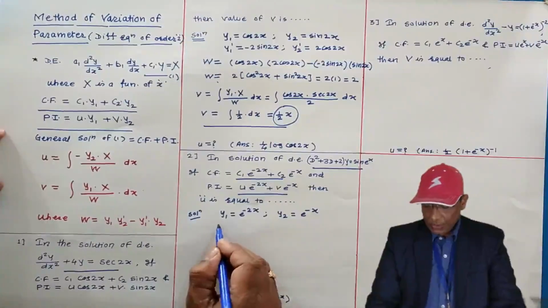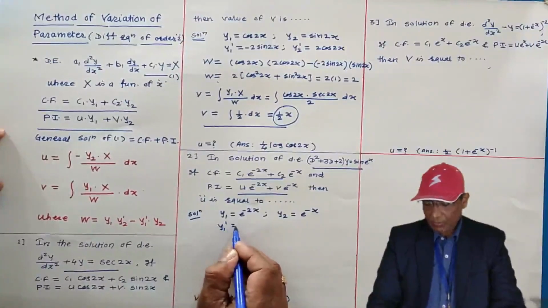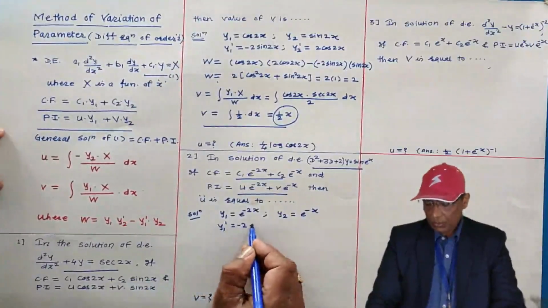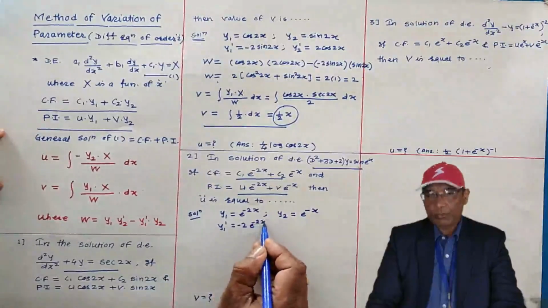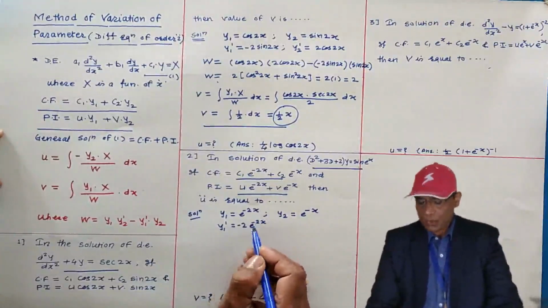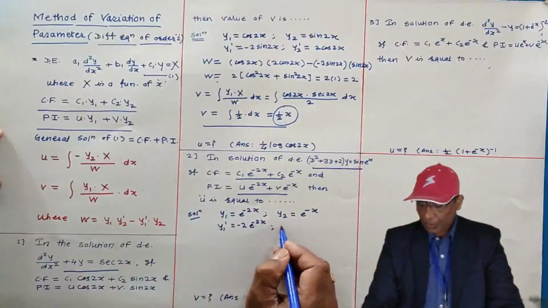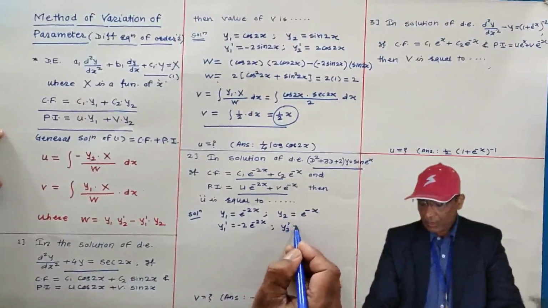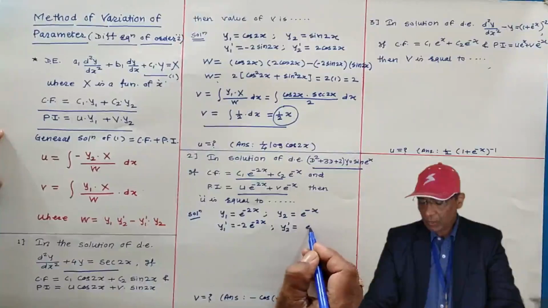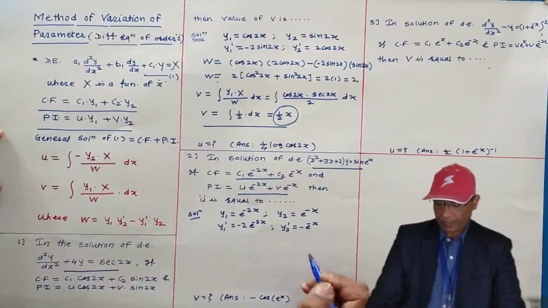Take derivatives because y1 dash and y2 dash are required for w. Derivative of e to the power minus 2x is e to the power minus 2x multiplied by minus 2. For y2 dash, the derivative of e to the power minus x is e to the power minus x, and the derivative of minus x, minus 1, we have to write in the multiplication.